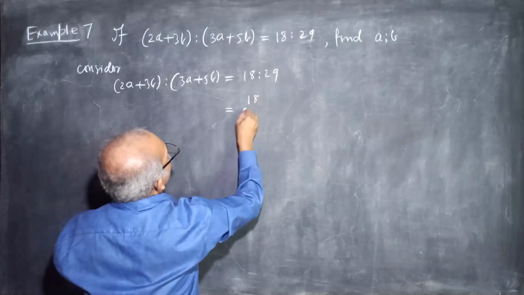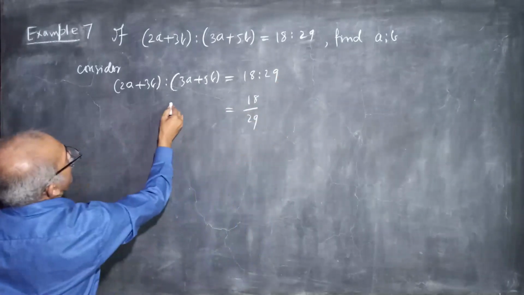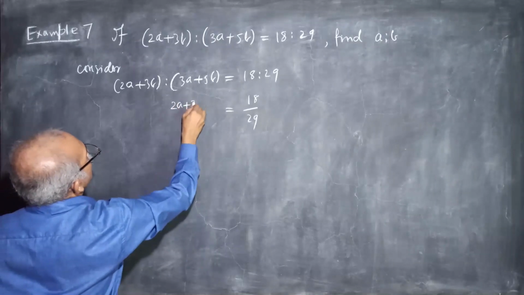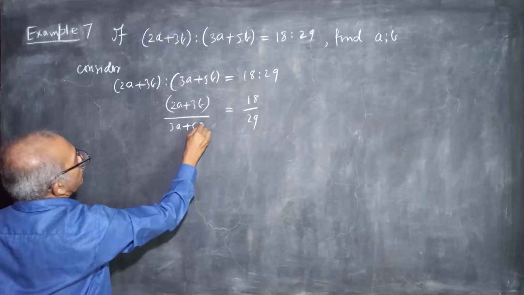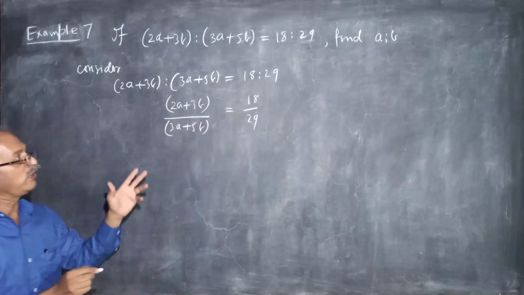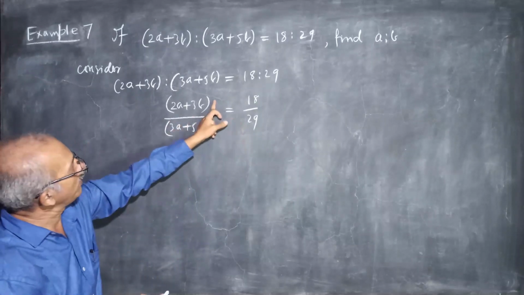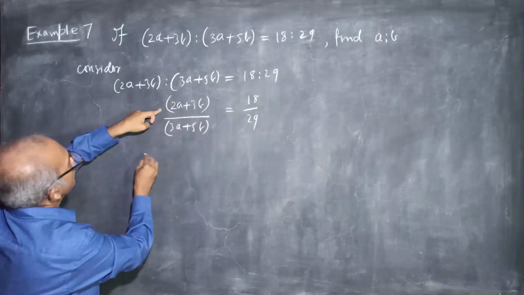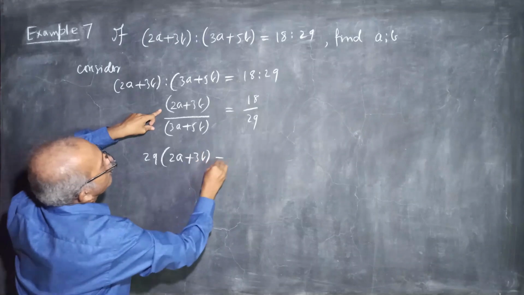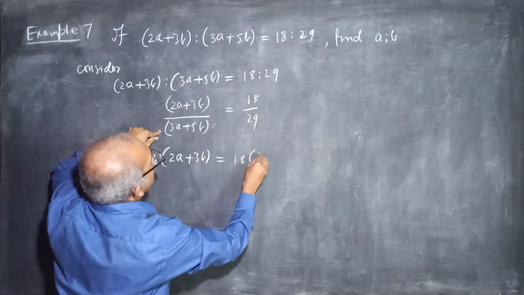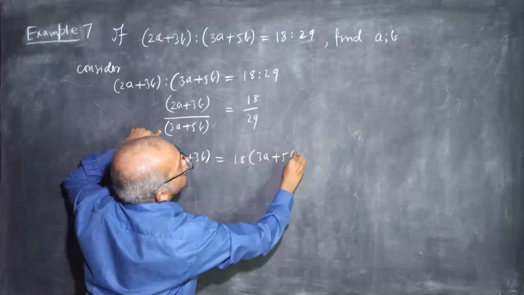So 18 by 29. Here 2a plus 3b by 3a plus 5b. Now we have to cross multiply. So we shall cross multiply like this. So 29 into 2a plus 3b is equal to 18 into 3a plus 5b.